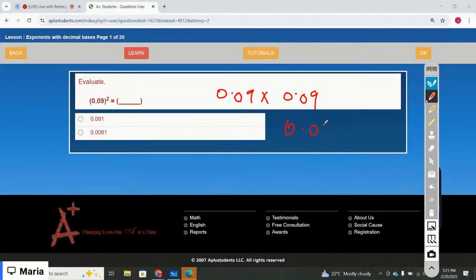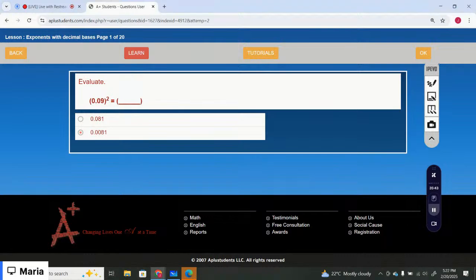That is 0.0081. Option number 2 is the correct option.